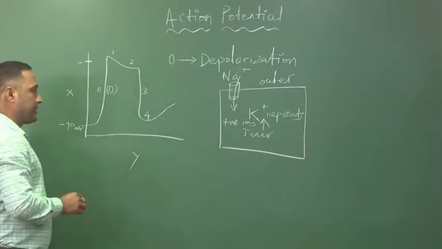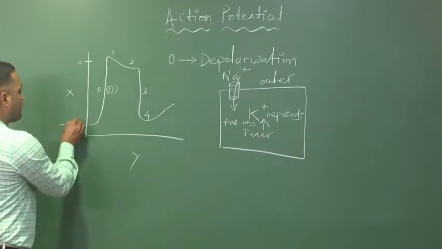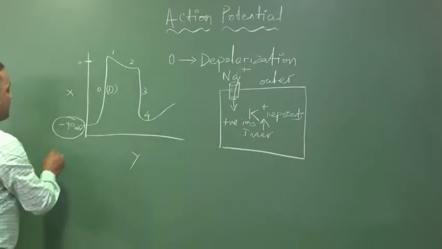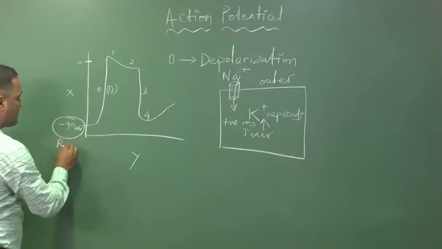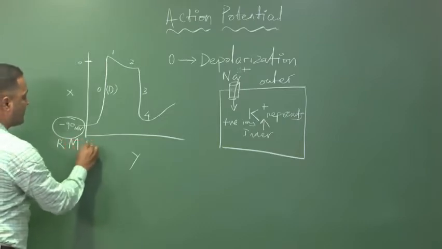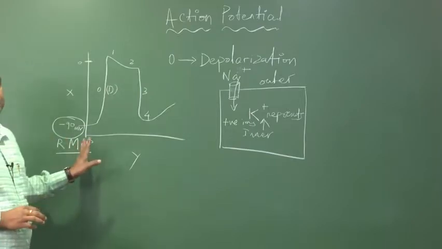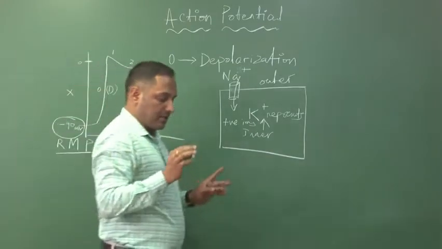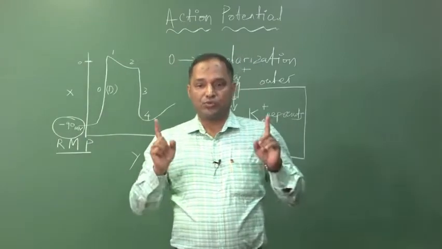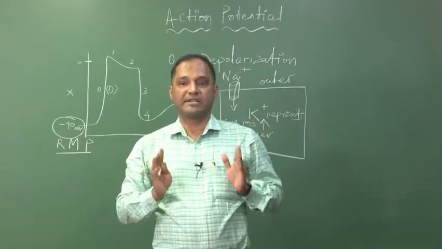Here you can say this is the resting membrane potential. The minus 90 millivolt, I told you, is the resting membrane potential. So resting membrane potential was minus 90 millivolt. That represents the cell does not work, or is in the resting phase.